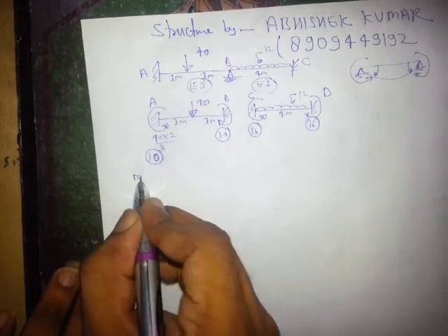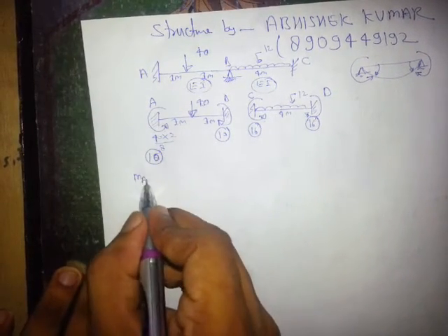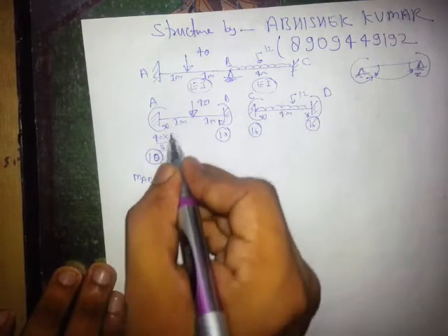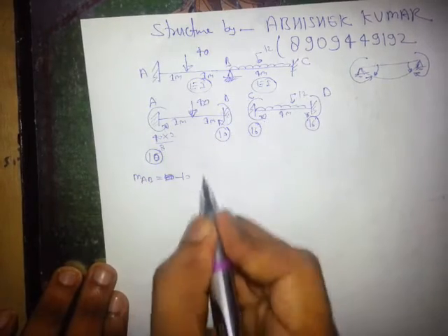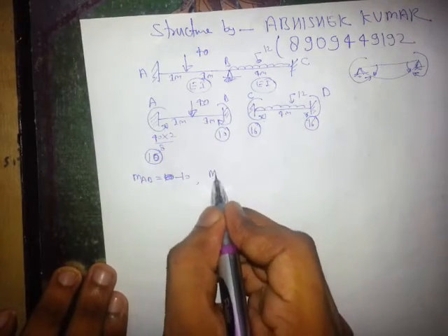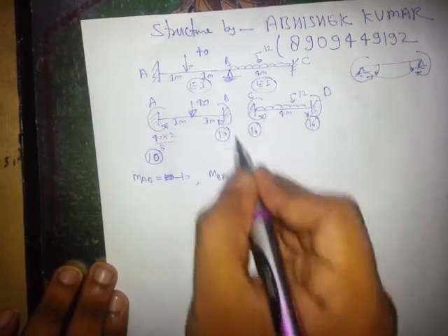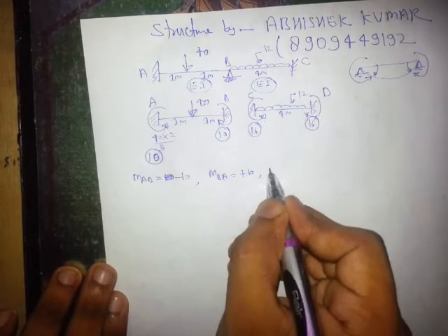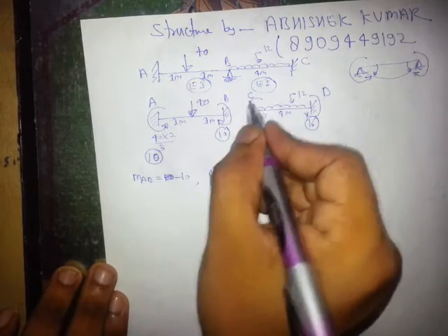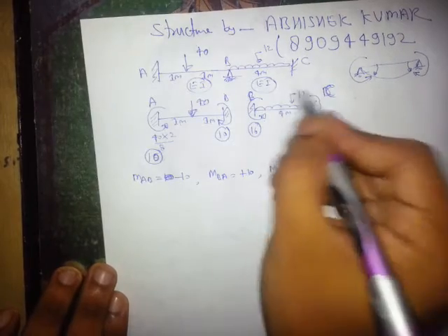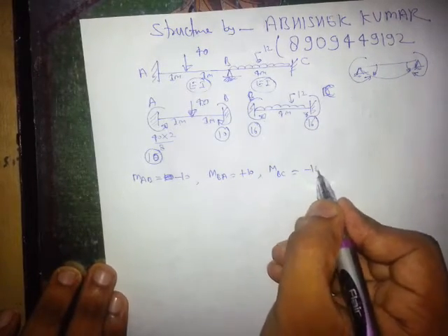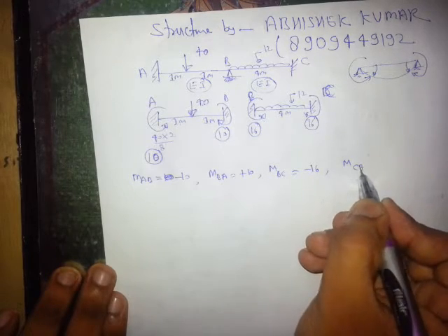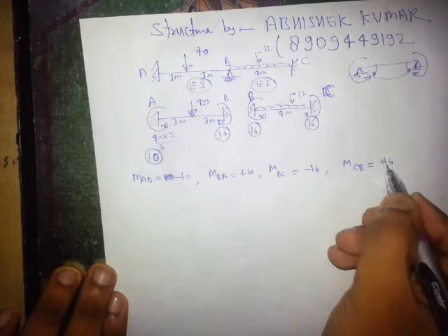Why are these not the correct moments? Let us suppose you write MAB. So MAB is minus 10, it is anti-clock. Now MBA, since it is clock, take positive. Now MBC, it is anti-clock, minus 16, and MCB is plus 16, since it is clock.